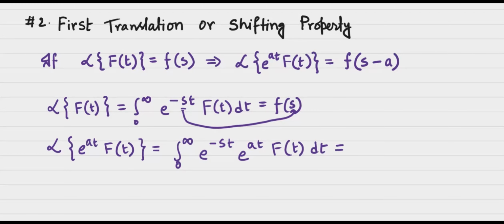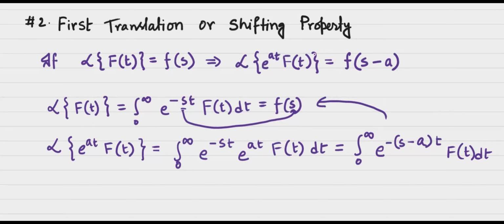If we organize it a little bit, that means if we bring the exponents together, we can write it e to the power negative (s minus a) times t, and then f of t dt. It turns out it's exactly like the integral we have in here, except s has been substituted by s minus a. So this is simply f, but s is substituted by s minus a, which proves our statement.